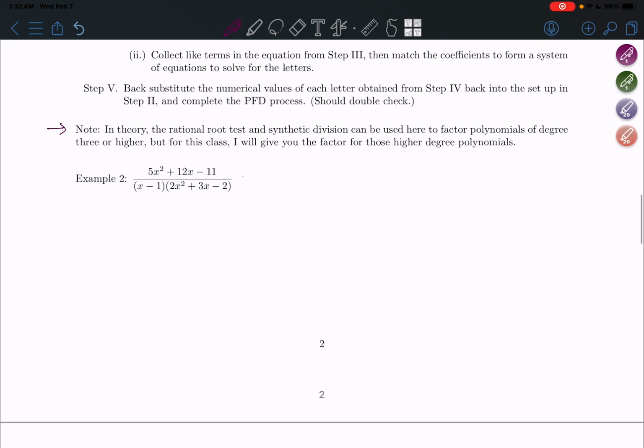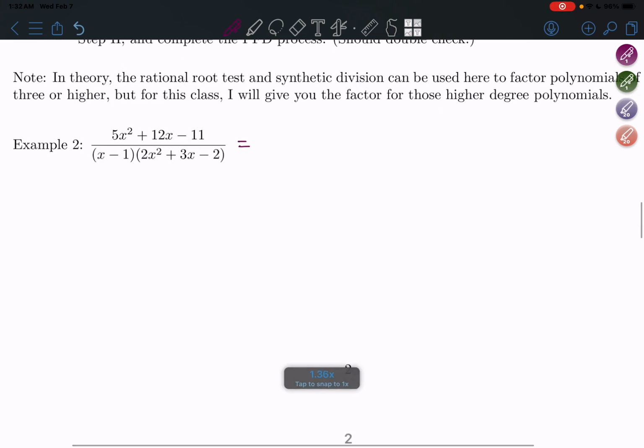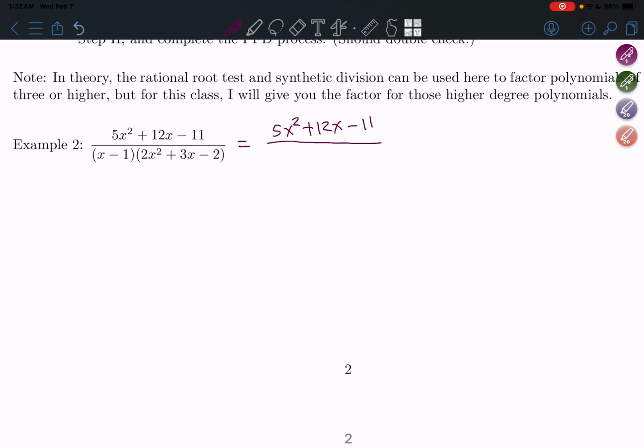So here we go. In this case, I'll go ahead and write down this first. So the numerator, 5x squared plus 12x minus 11, all over x minus 1. This looks like 2x minus 1 times x plus 2.